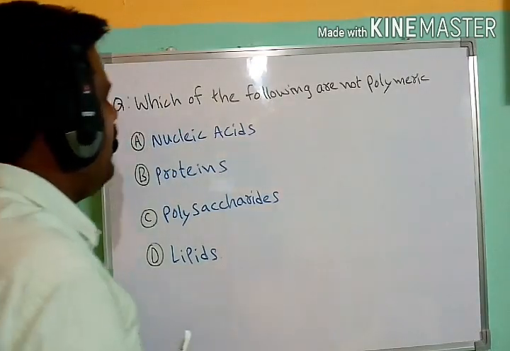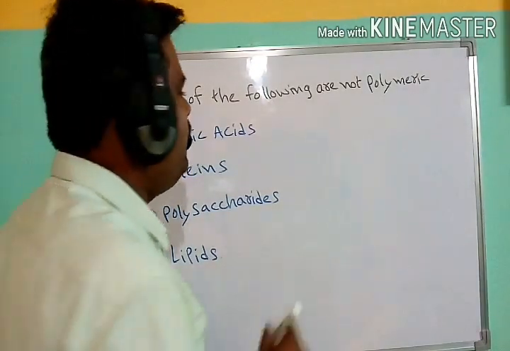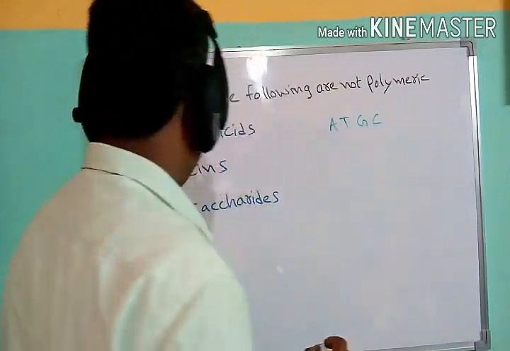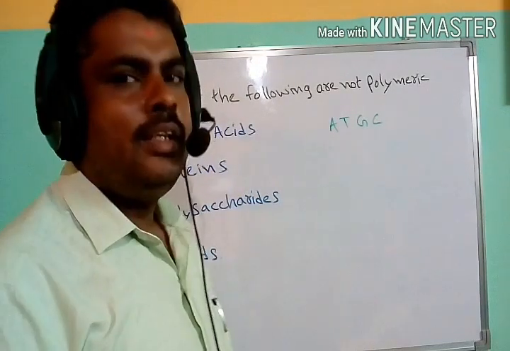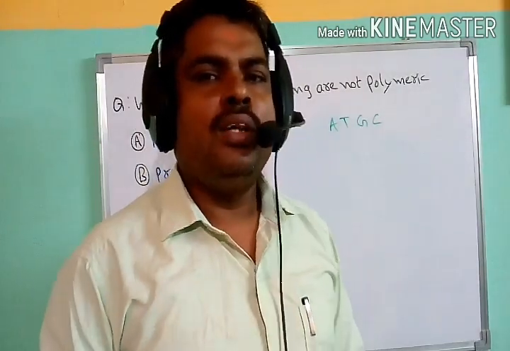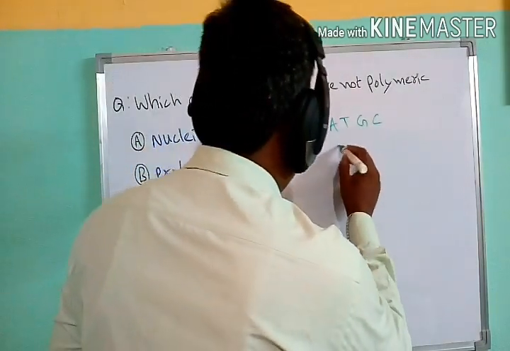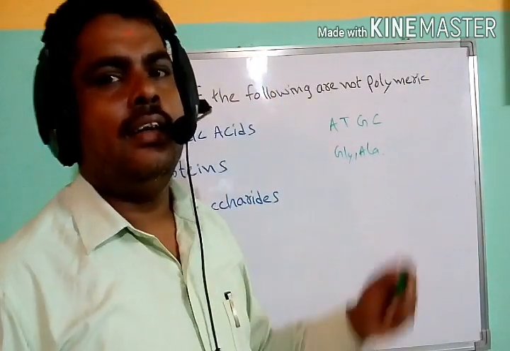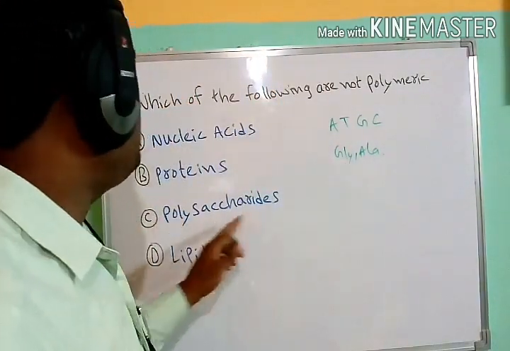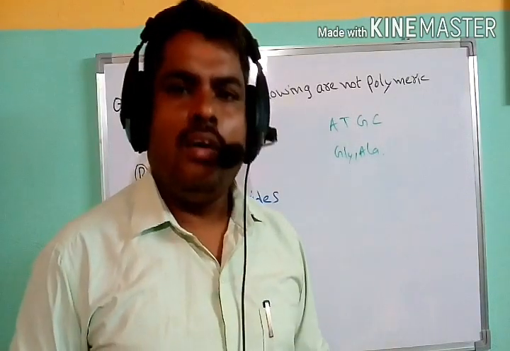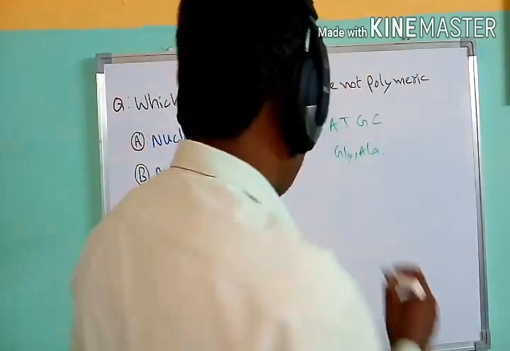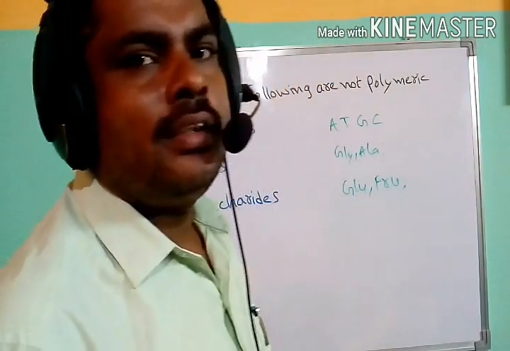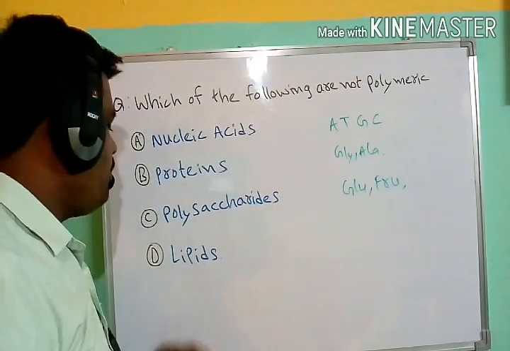Nucleic acids are the polymers of nucleotides like ATGC. Next, proteins are the polymers of amino acids like glycine, alanine, tryptophan, tyrosine, etc. Next, polysaccharides are the polymers of monosaccharides like glucose, fructose; monomers are present in polysaccharides.